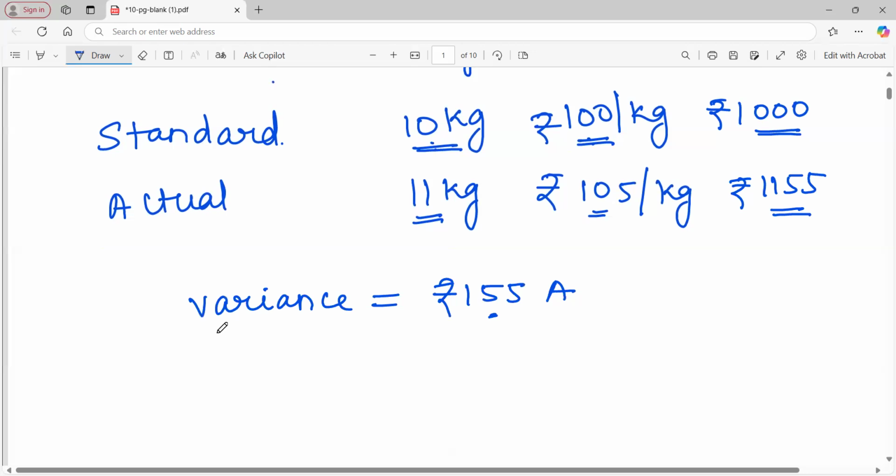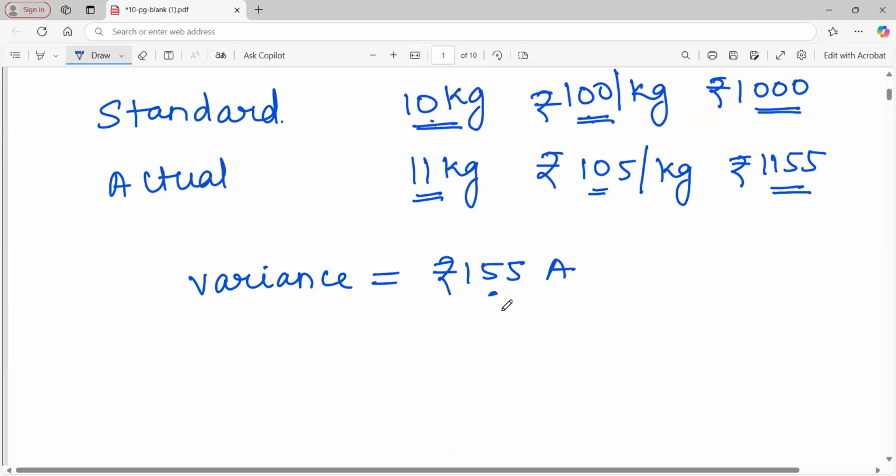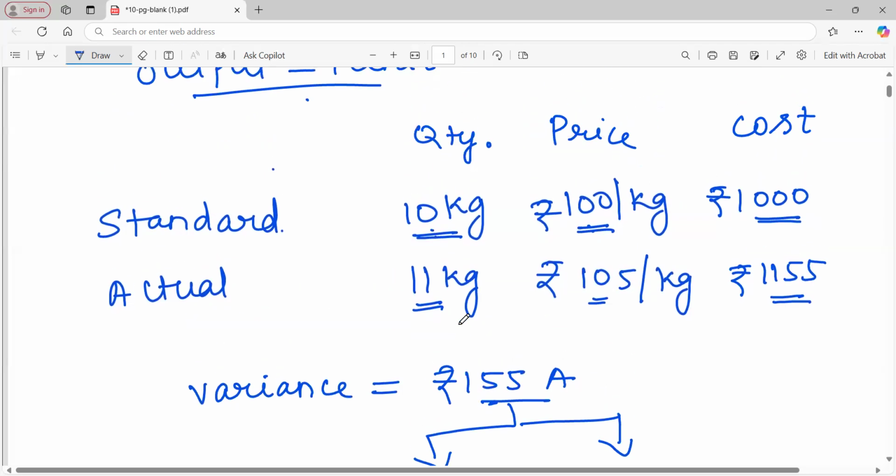Now listen, this 155 rupees of adverse variance is caused by two main factors. The first one: the company planned to purchase and use 10 kg of raw material, but actually the company purchased and used 11 kg of raw material.